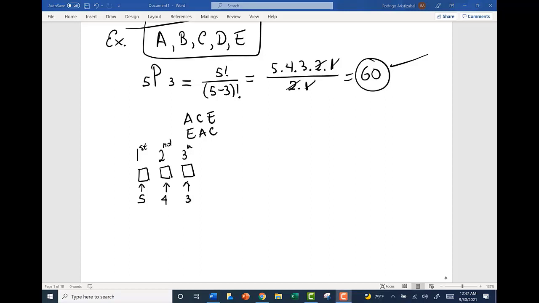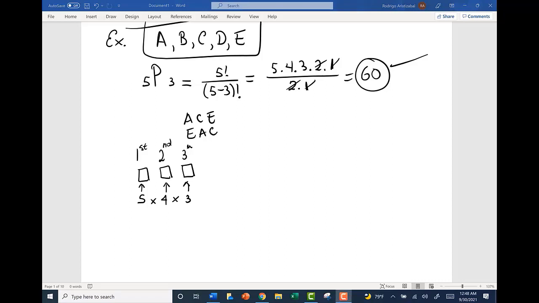Then we have 3 events which occur in this sequence. If we apply the fundamental counting rule, the number of ways that we can fill these 3 positions is given by the number of ways that we can fill the first position times the number of ways that we can fill the second position times the number of ways that we can fill the third position. If we multiply these 3 numbers, we obtain 60.